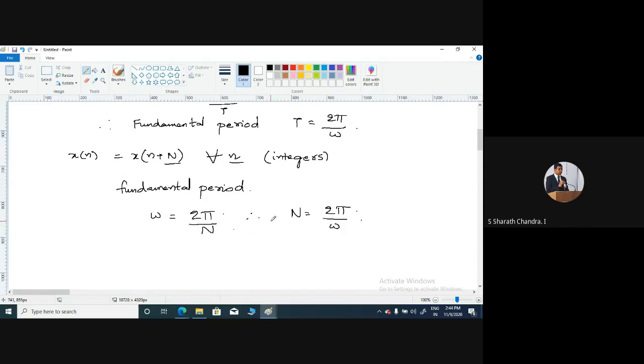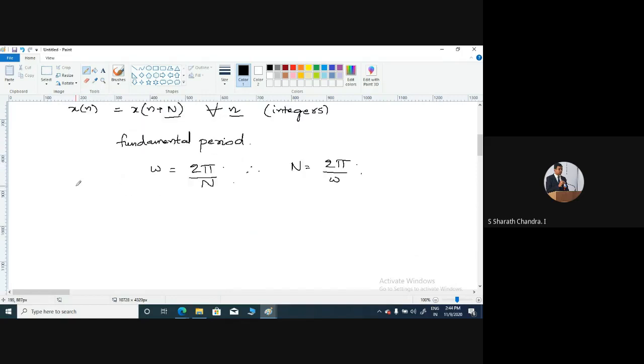And I would like to now mention some important points related to these periodic signals.